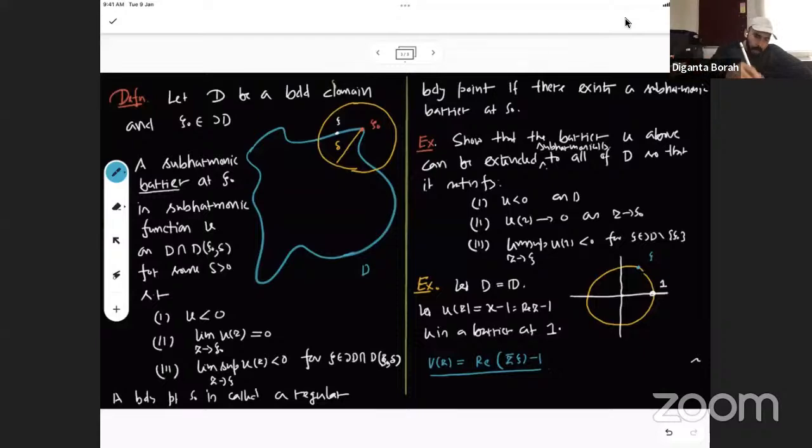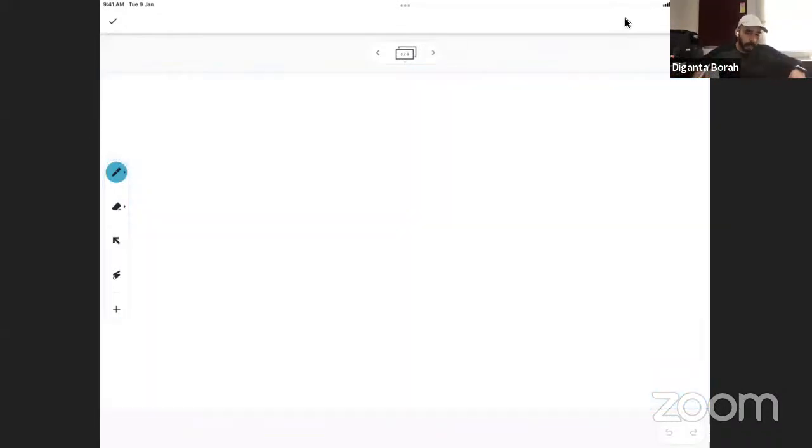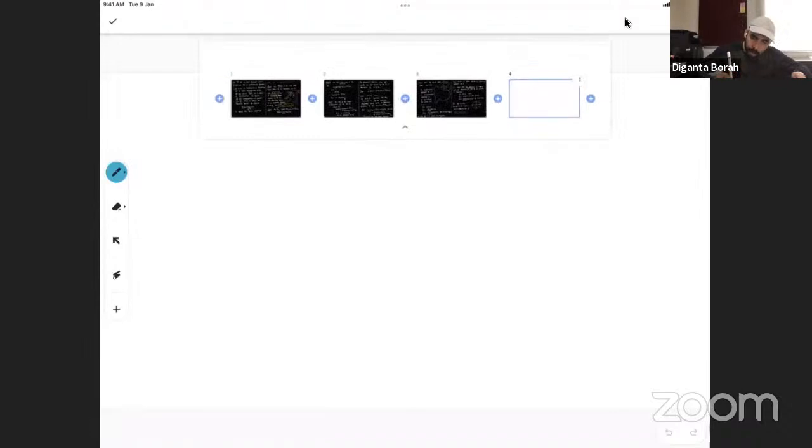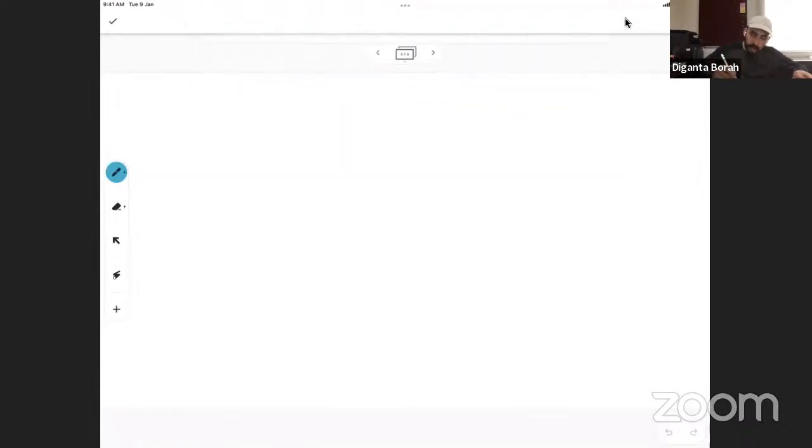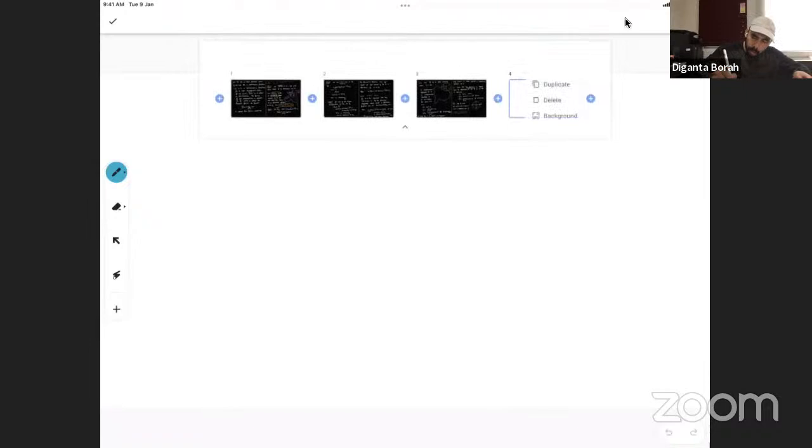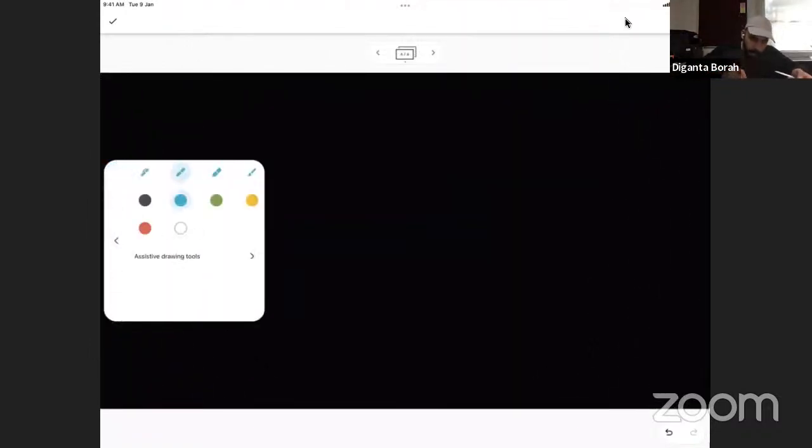I wanted to consider some more examples, but keeping in mind that today we have to wrap up everything, rather than discussing more examples, I'll go to the results that we want to prove, and if we have time, we will come back to see some more examples. Otherwise I'll give you a set of exercises where we will see more examples of barriers and regular boundary points.